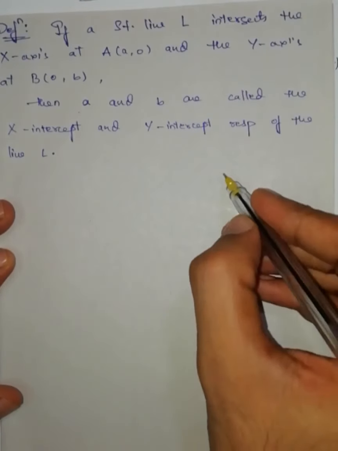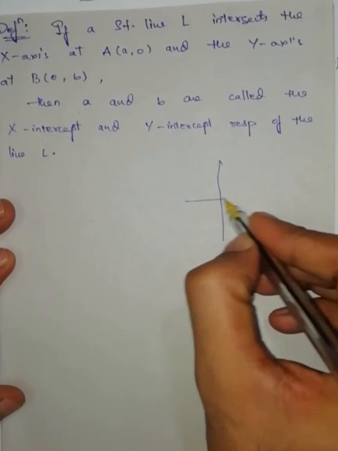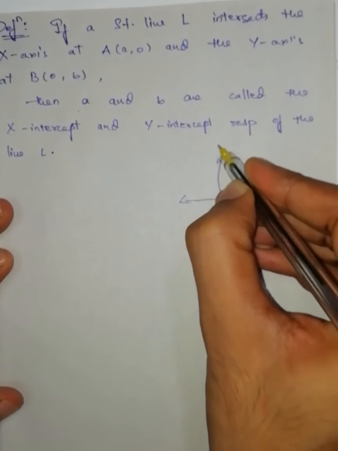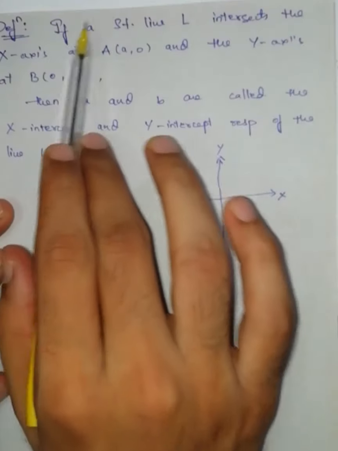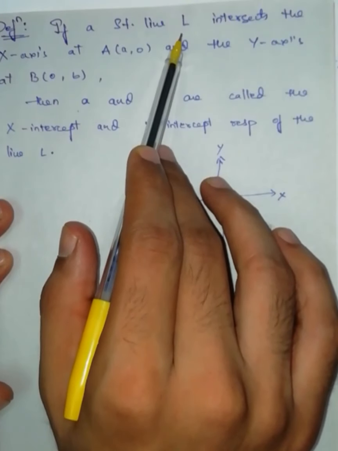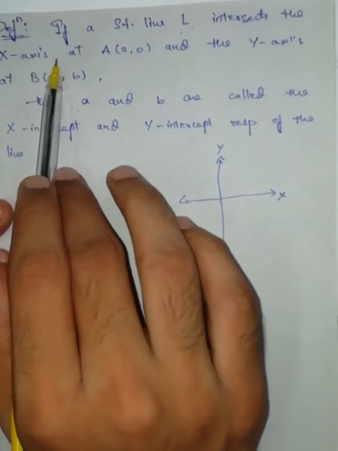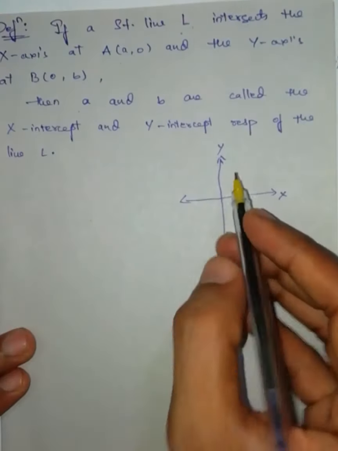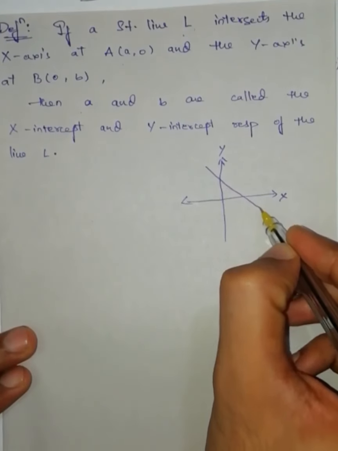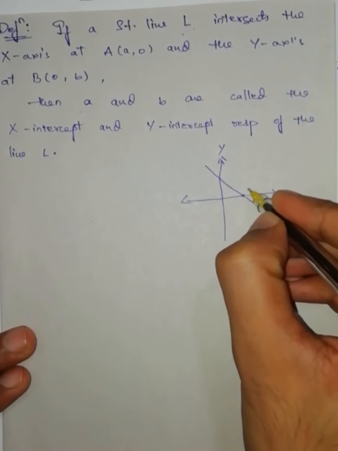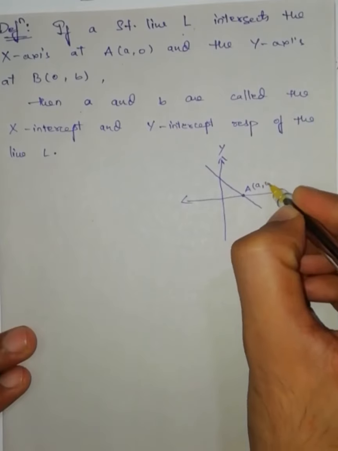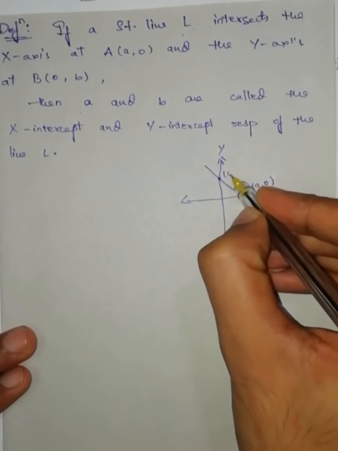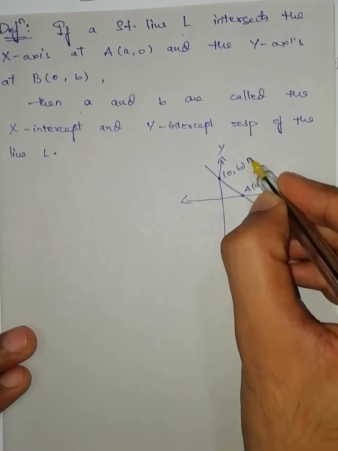Means the definition says that if this is the coordinate axis, this one we say is the x-axis, this one is the y-axis. If any straight line capital L intersects the x-axis at this point and the y-axis at this point, let us take a line, this one intersects the x-axis at a comma 0, and this line intersects the y-axis at 0 comma b.